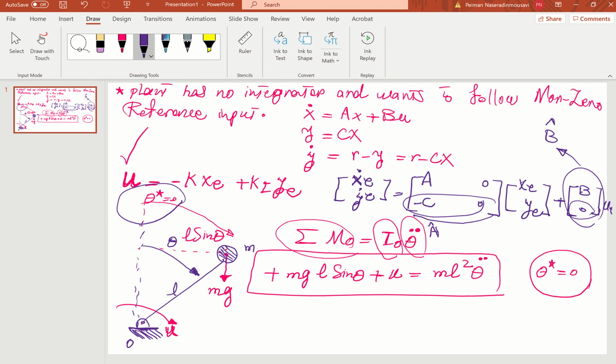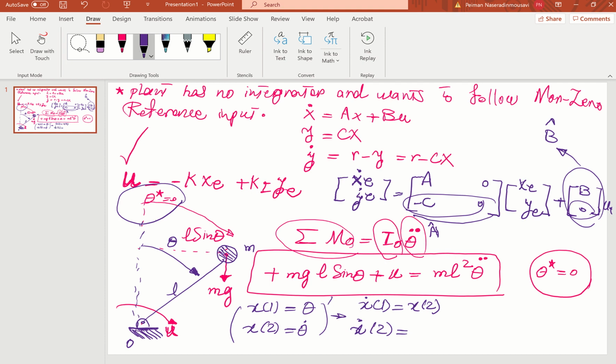So what we're going to do, I'm going to say x1 is equal to theta, because we are going to state space. x2 is equal to theta dot. Having the time derivative, it gives me x dot 1 is equal to theta dot, which is x2. We are going to state variables as we're going to do in Matlab. x dot 2 is going to be theta double dot.